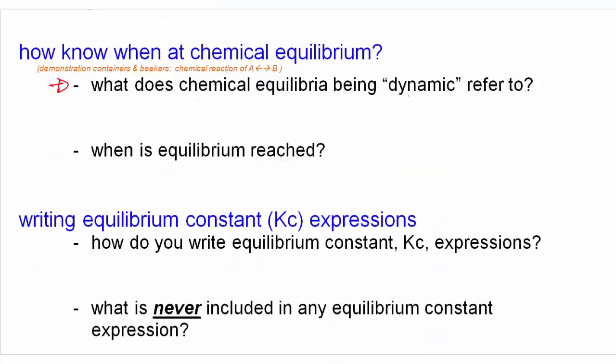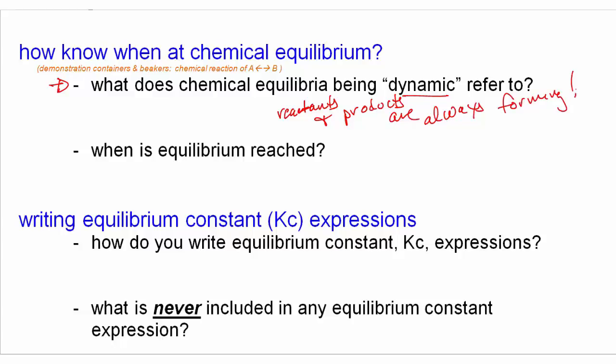So we've heard that equilibria are dynamic. Well, when a chemical equilibrium is dynamic, that just means that reactants and products are always forming. You can't stop it. Well, if they're always forming, then how do you know when equilibrium is reached? Well, when the amount or the concentration of reactants and products is not changing over time.